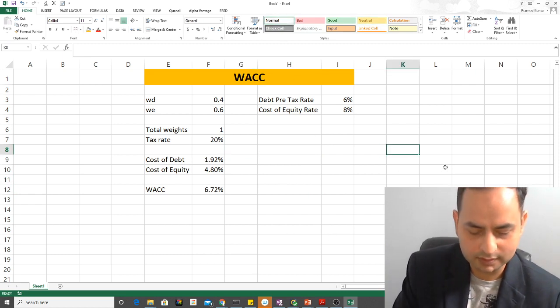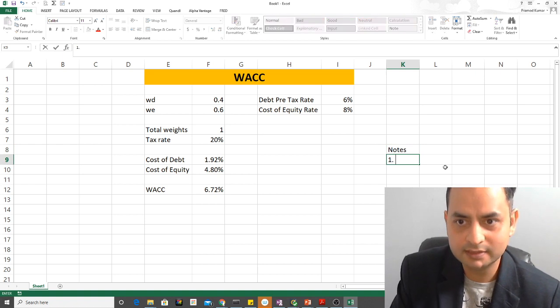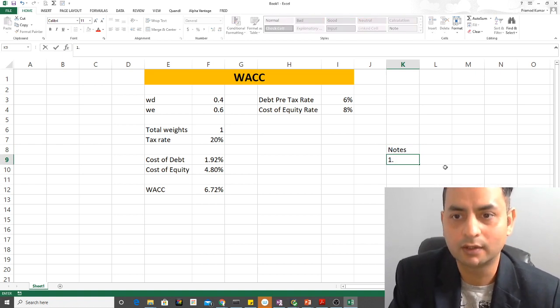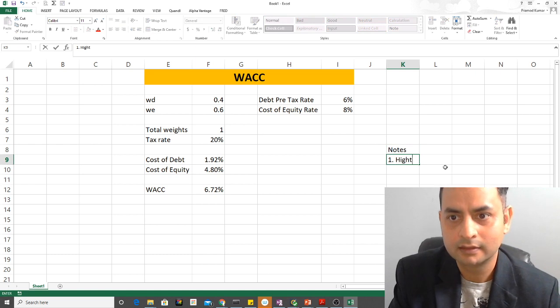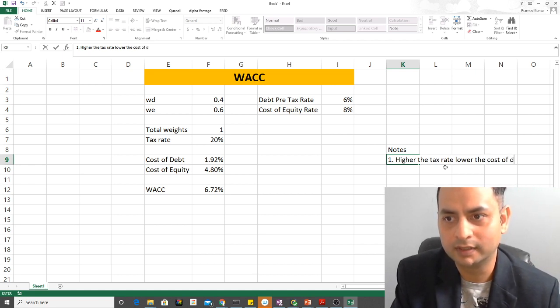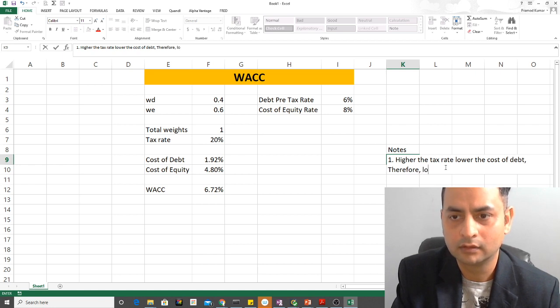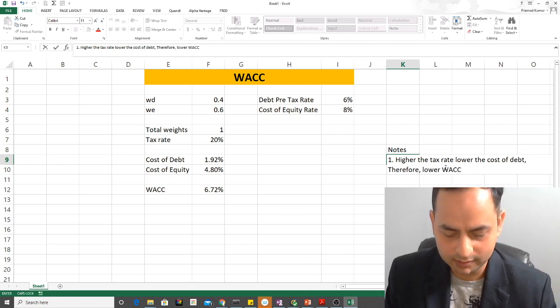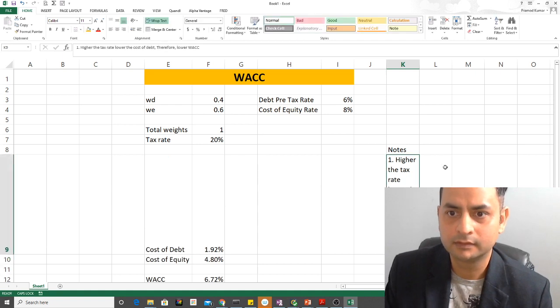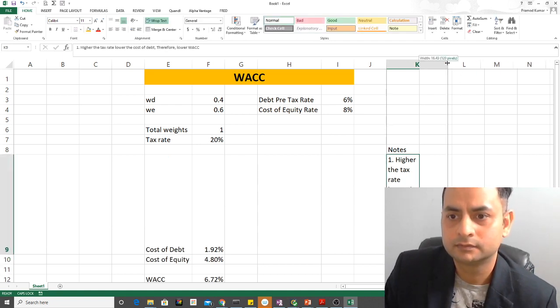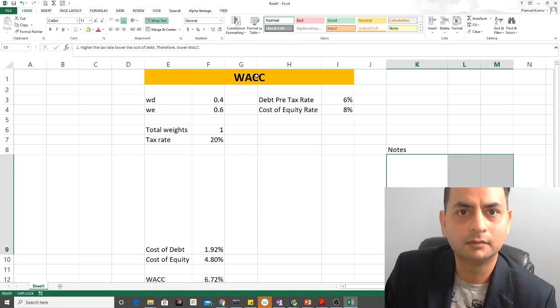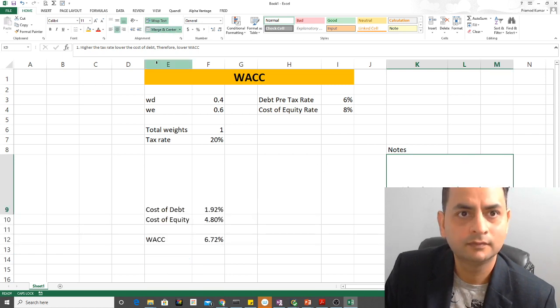So, note 1, so it's easy for you, you can take a screenshot: the higher the tax rate, the lower the cost of debt, and therefore lower WACC. Maybe I'll merge this cell.